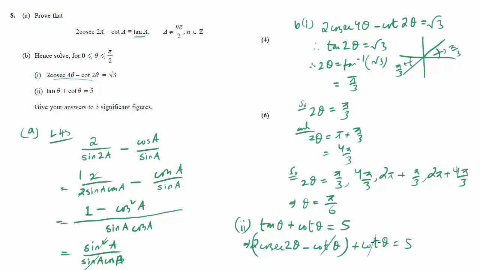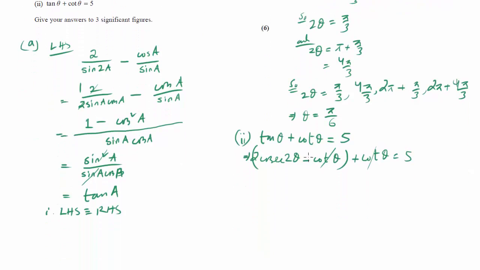The cot theta and cot theta cancel off, so the only thing we have left is 2 cosec 2 theta equals 5. If we send the 2 to the other side, it becomes 5 by 2. Now cosec is the reciprocal of sine, so 1 by sine 2 theta equals 5 by 2. If you cross multiply, it becomes sine 2 theta equals 2 by 5.